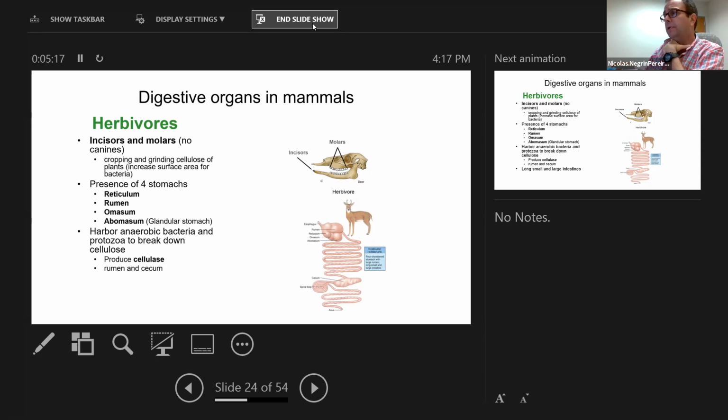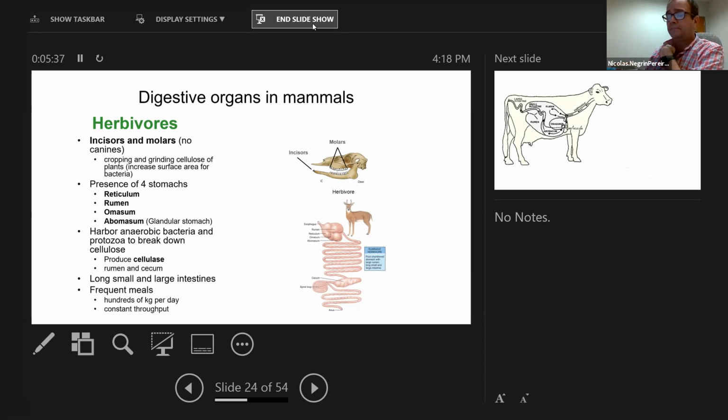This microbial protein is normally of very high biological value, meaning that it's easily digested and absorbed by the animal. So the ruminant is actually feeding off the bacteria it's harboring in its four stomachs. They also present long small and large intestines.